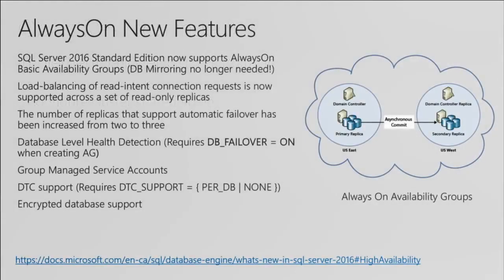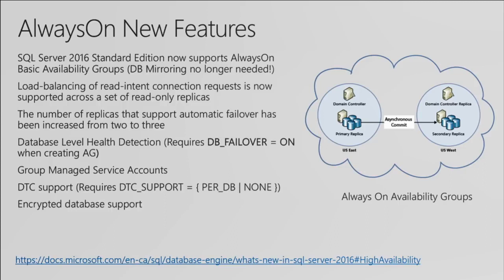Now in this one, looking at some of those new features, I think I mentioned a couple of them already. I mentioned database mirroring being replaced with the standard edition ability. Load balancing of read-intent connection requests. The number of replicas supported for automatic failover has increased from 2 to 3.